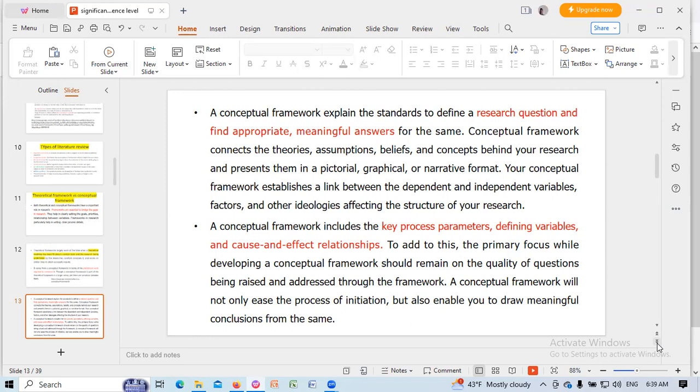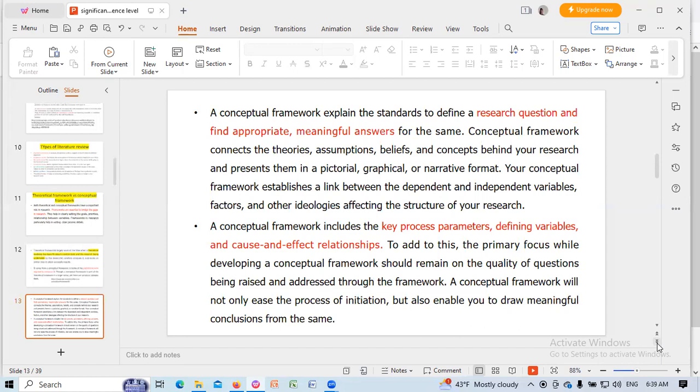A conceptual framework connects the theories, assumptions, beliefs, and concepts behind your research and presents them in pictorial, graphical, or narrative format. Your conceptual framework establishes a link between the dependent and independent variables, factors, and other ideologies affecting the structure of your research. The conceptual framework includes the key process, parameters, defining variables, and cause and effect relationship.